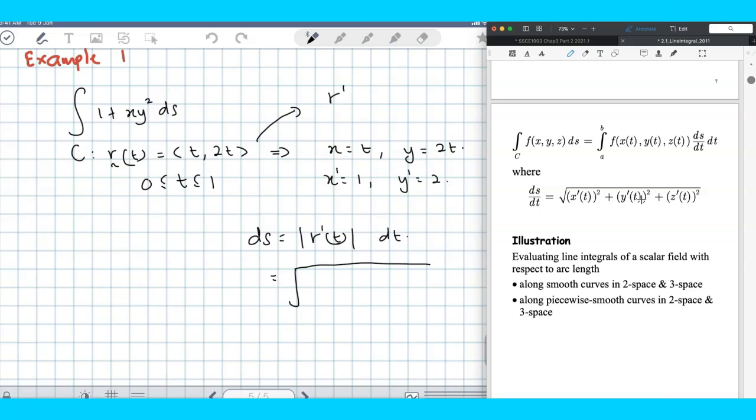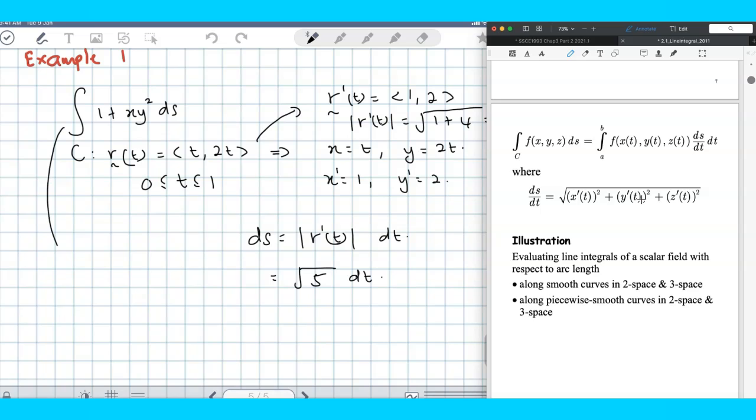So r prime in terms of t, you will get 1, 2, right? And then we can evaluate its magnitude, which means the square root of 1 plus 4, so you will get square root 5. So the speed is given by square root 5 dt.